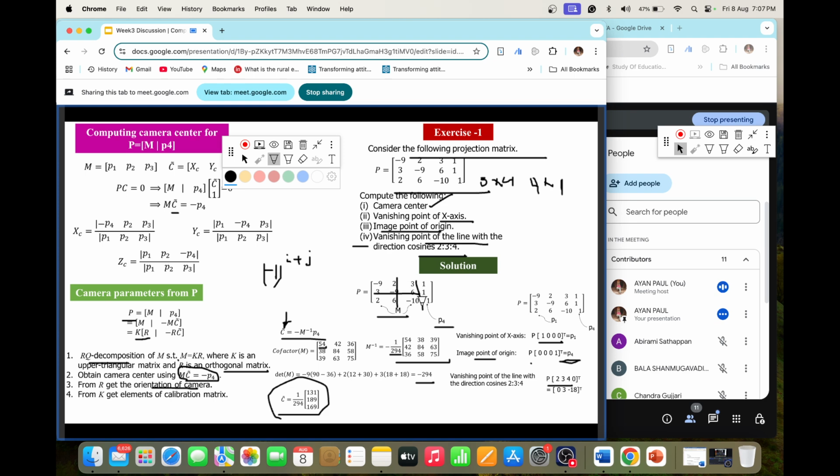So minus 9 into minus 10 is 90, and 90 minus 6 is 84. Our minus 9 is at position 2 comma 2, so minus 1 to the power 2 plus 2, which is 4, means minus 1 becomes plus 1, and our cofactor will be equal to 84. So you can see this 84 over here.